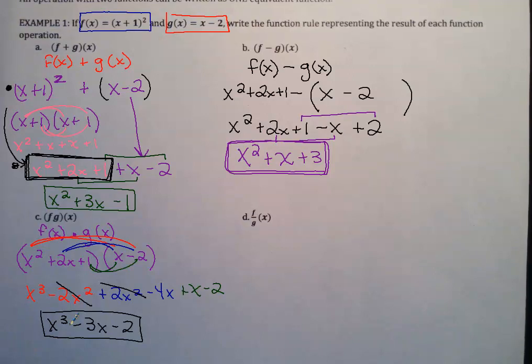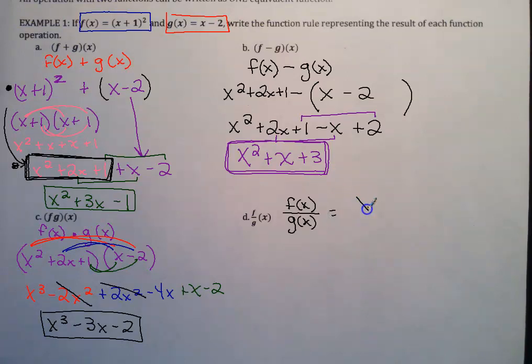All right, then D, we're going to have f of x divided by g of x. This one may be better not to use our simplified form, right? Because we want common things.